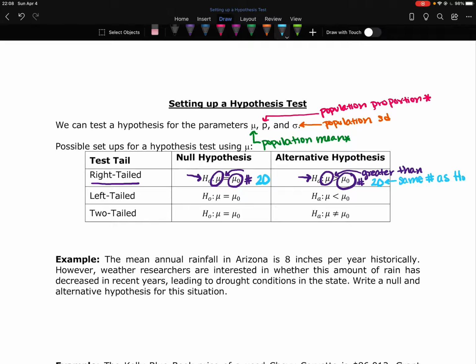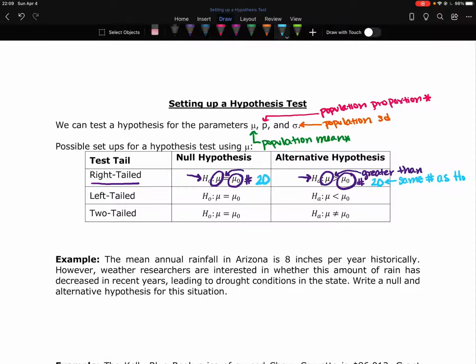So if this were a right-tailed test in words, this says the mean age is assumed to be equal to 20. But the alternative, what I think is happening, is that the mean age is greater than 20. That's what the right-tailed test would be for this example that I'm using.